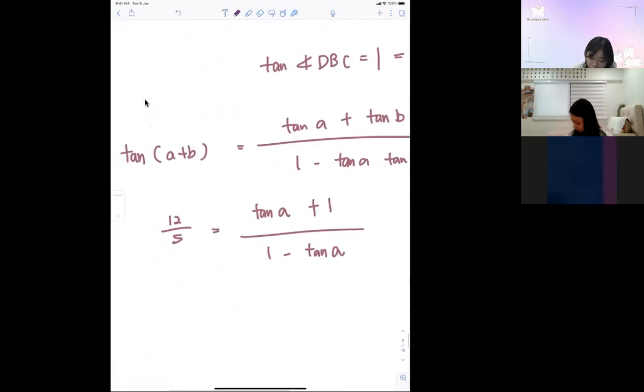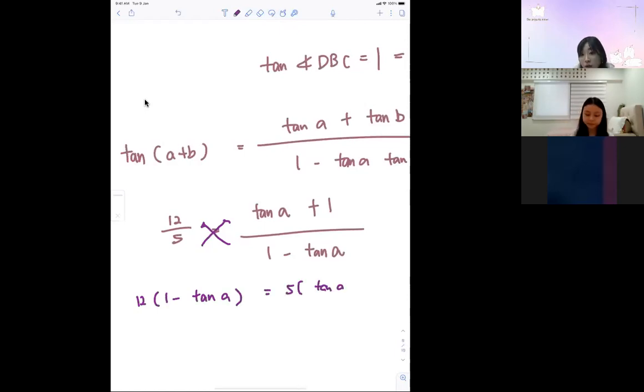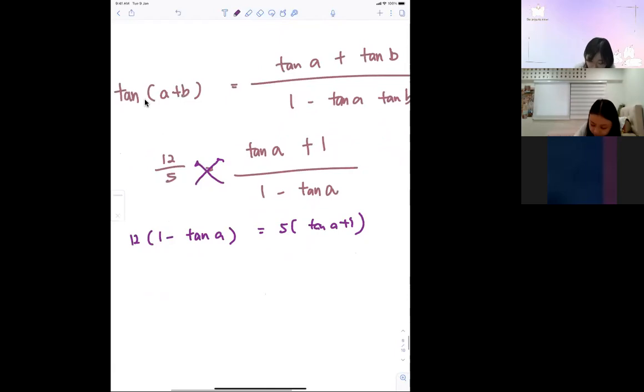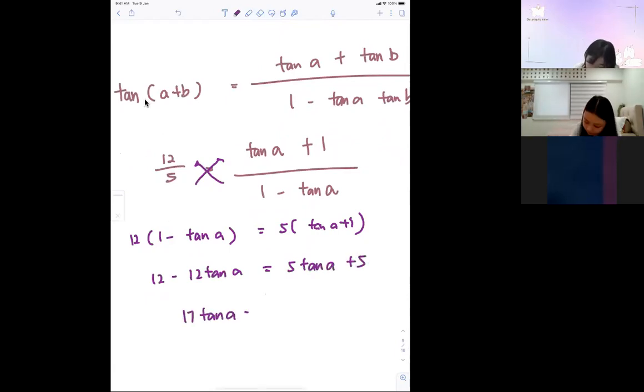From here onwards, we can just cross multiply. We get 12 minus 12 tangent A. 17 tangent A equals 7. Tangent A is 7 over 17.